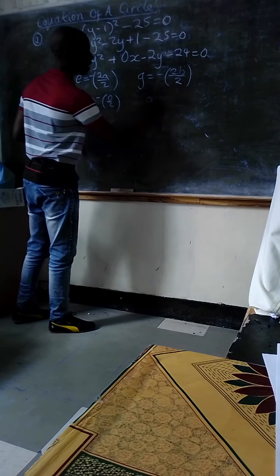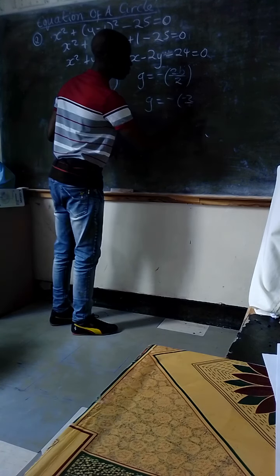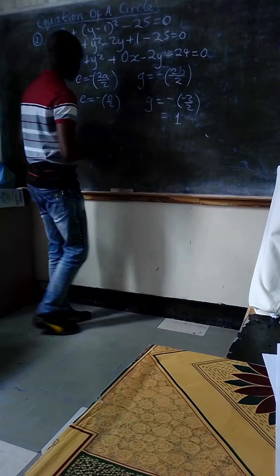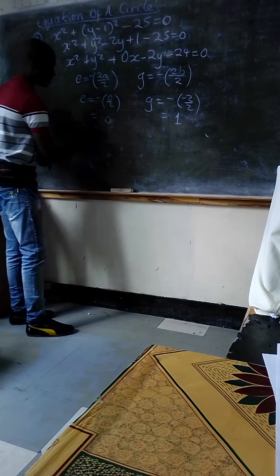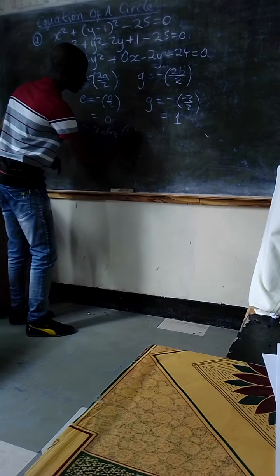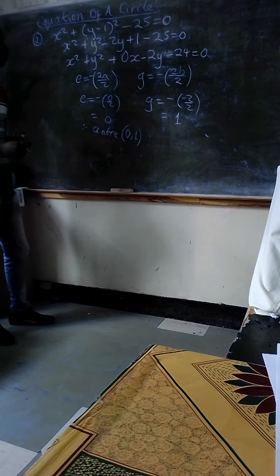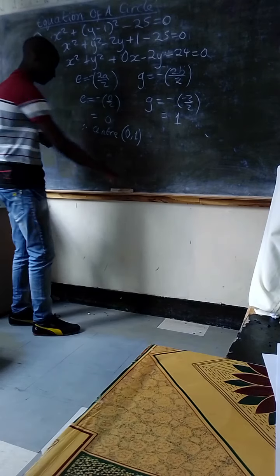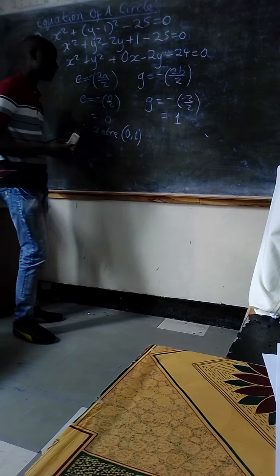And our g on the other hand has got the value of b, which is negative 2. So we say negative 2 over 2. Here we get 1. And here we get 0. Therefore, my center is (0, 1). This is how I will get my center. Allow me to erase this. You can feel free to pause the video and copy it down for the sake of revision.